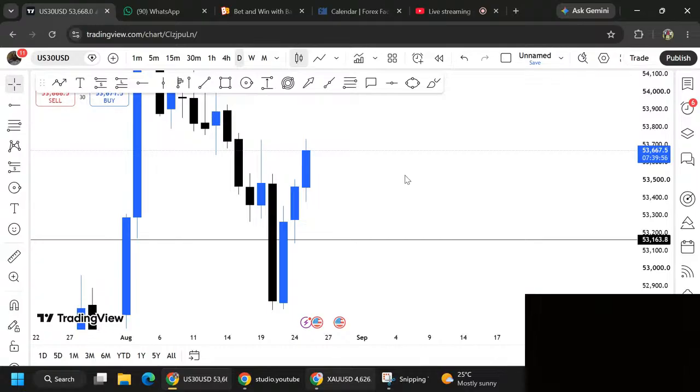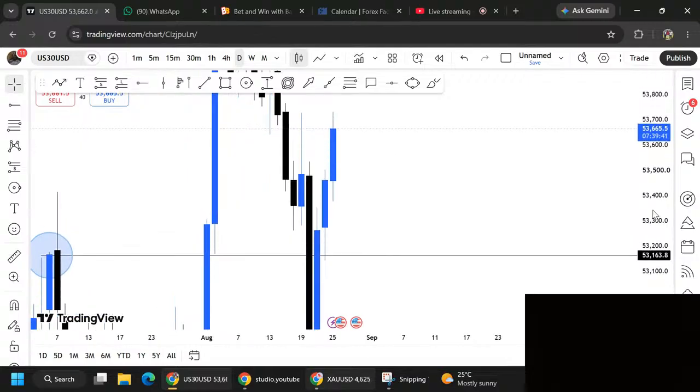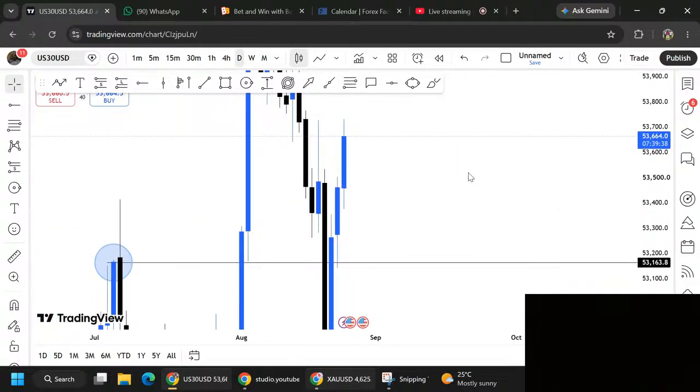And you have already seen the dollar index is also bearish, so we are expecting some buys today. We have 10 minutes for price to give us.